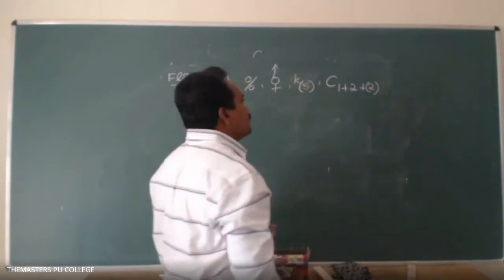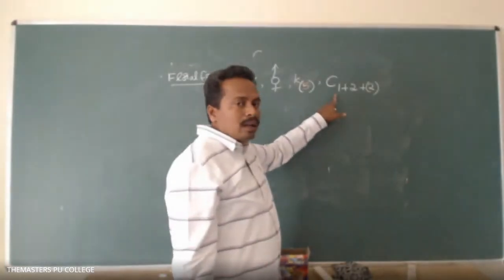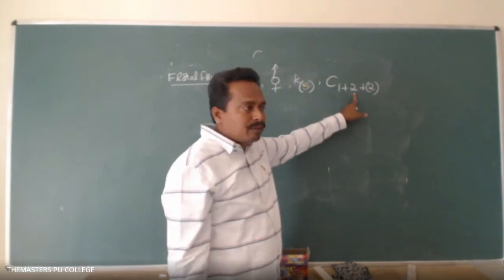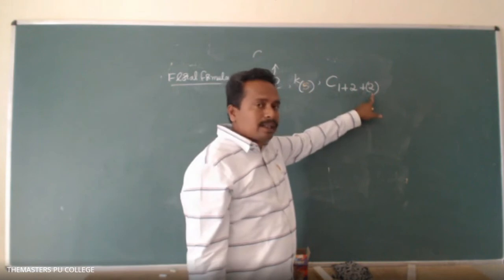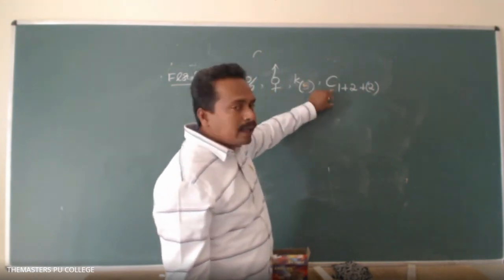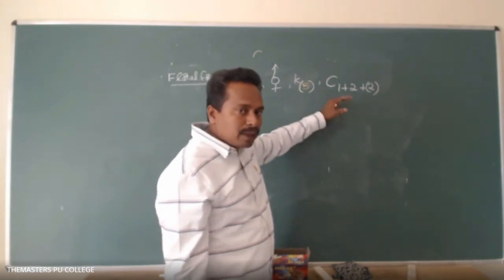C 1 plus 2 plus 2 means one standard petal is free, two wing petals are free, and two keel petals are fused with each other. So the corolla is denoted by the letter C. The corolla consists of 5 petals.